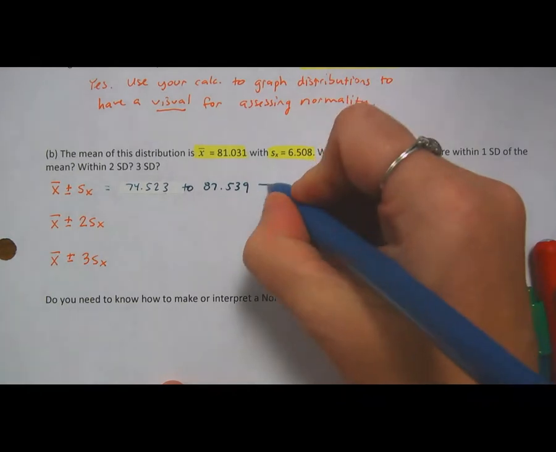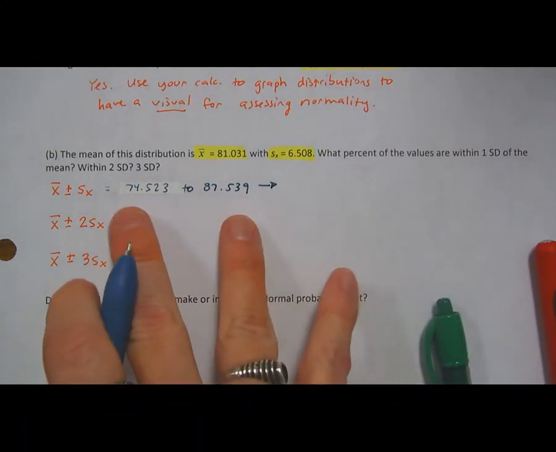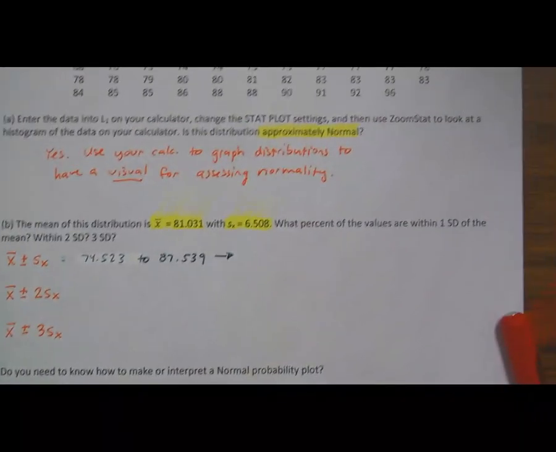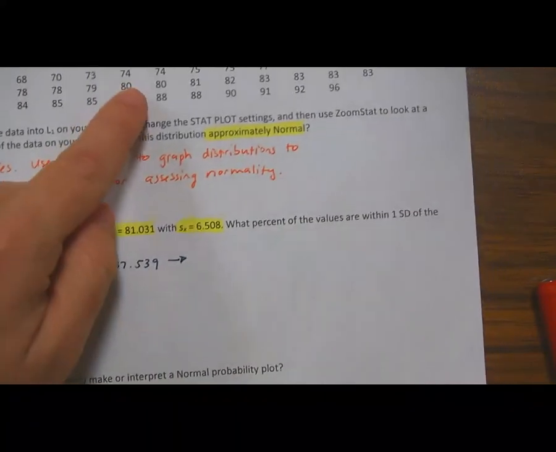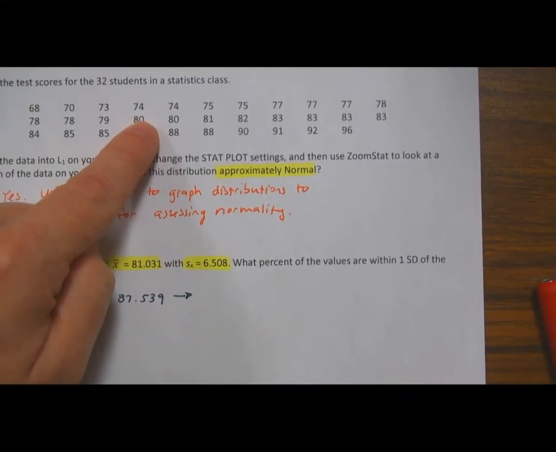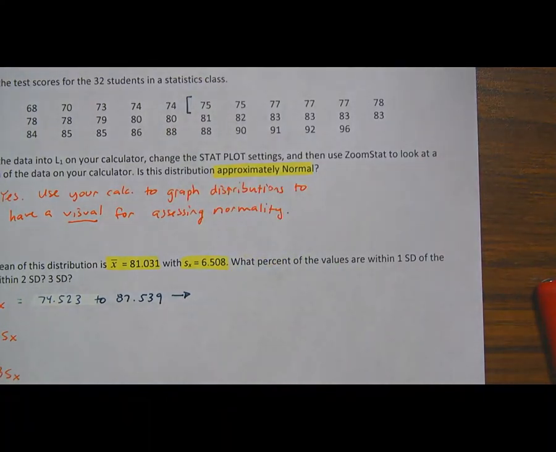And then I just need to know what proportion or what percentage of test scores are within these values here. So I'm looking for anything from 74.5. So would I include the 74s? No. 74.5 all the way up to 87.5.